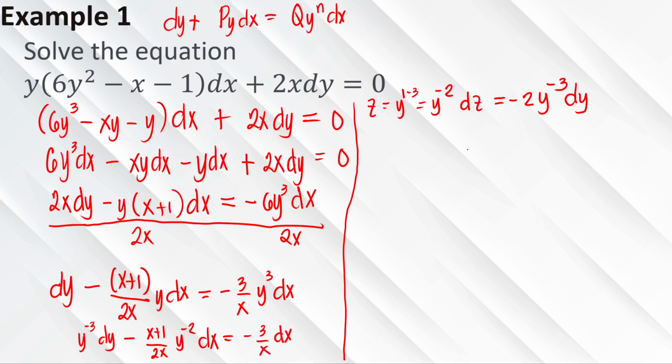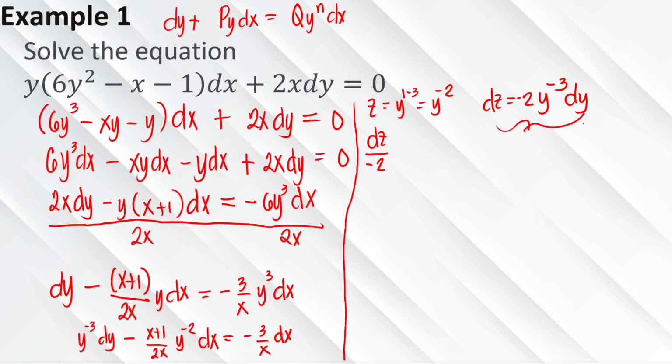At yun, pwede na natin gamitin tong mga substitutions na ito, which is z equals y raised to negative 2 and dz is negative 2 y raised to negative 3 dy. And so, yung y raised to negative 3 dy dito sa ibaba, mapapalitan na natin yan ng dz all over negative 2.